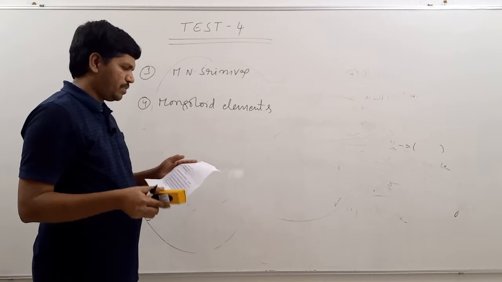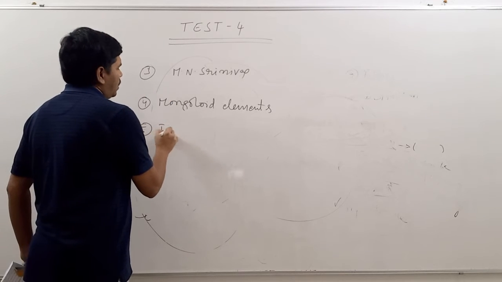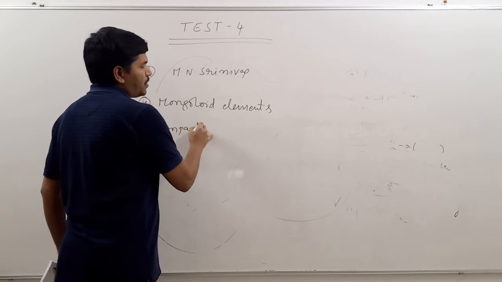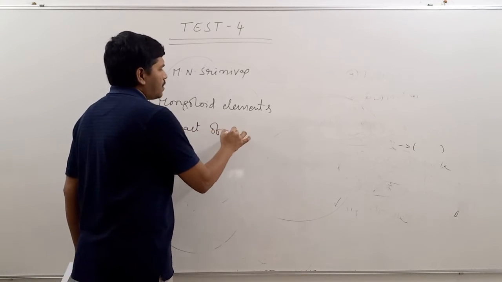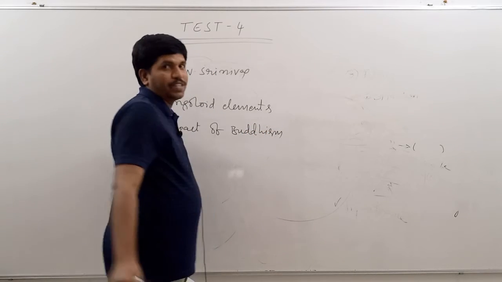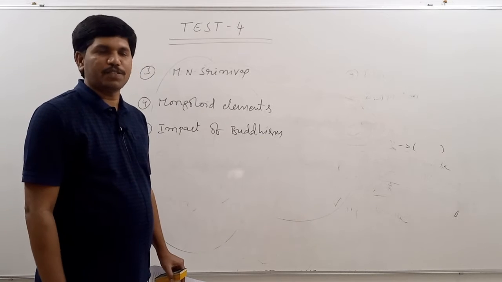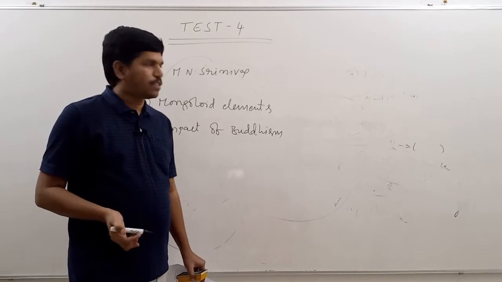Then the next question is impact of Buddhism on Indian society. This question can be asked for 10 marks or 15 marks or 20 marks. All the students gave good answer to this question also. See, already I told you in the previous class also.